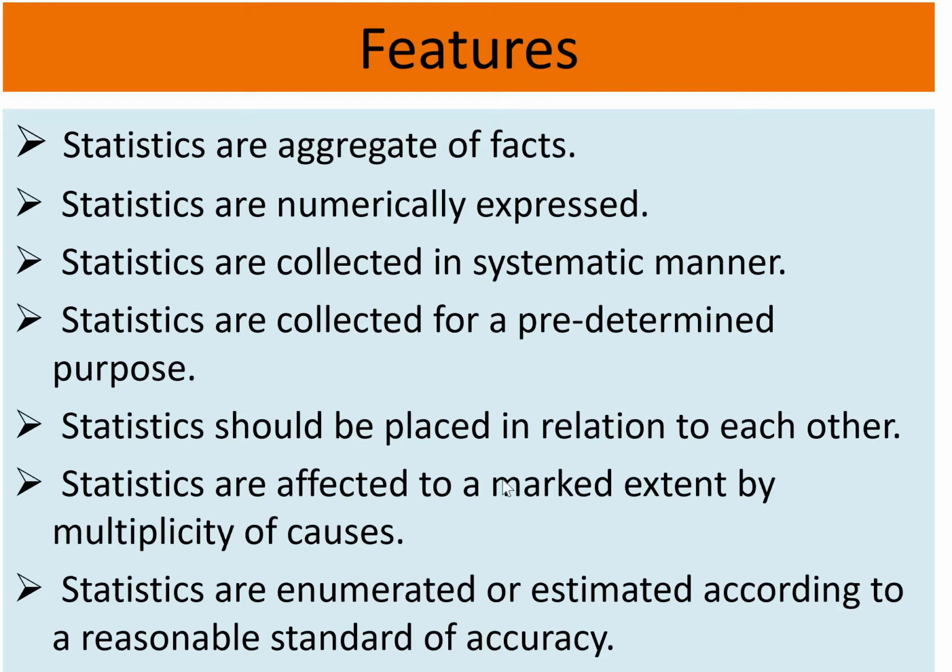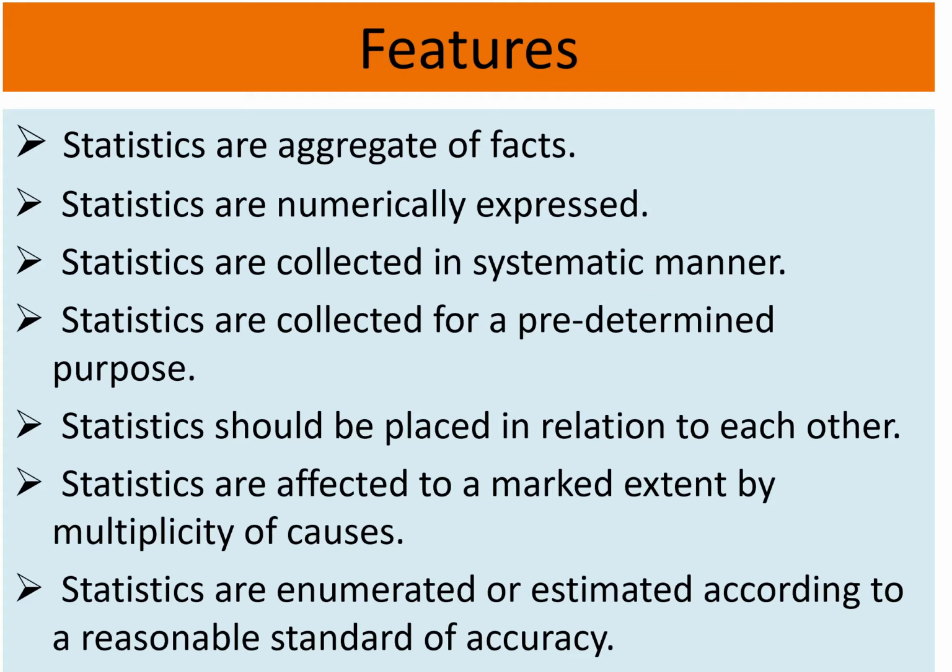How is the supply? How is the demand? How is the import? How is the export? Many other factors determine the statistics. That's why we say statistics are affected to a marked extent by multiplicity of causes. There is no one cause which is affecting the market.